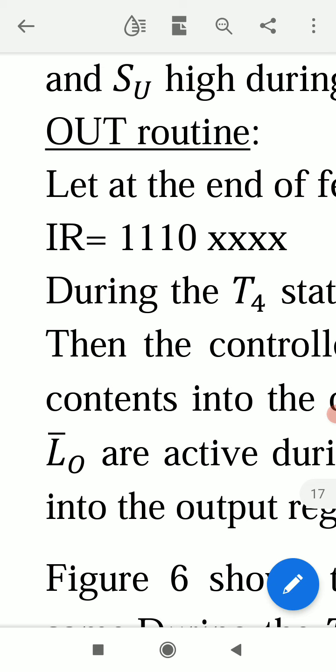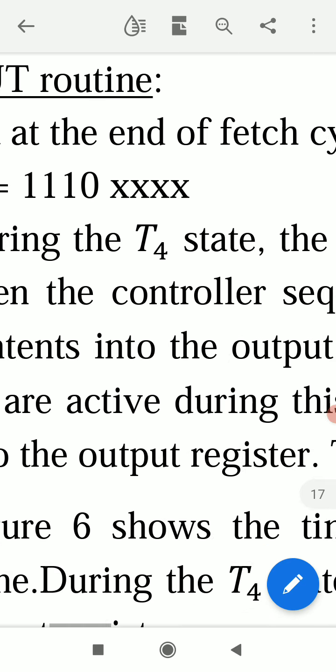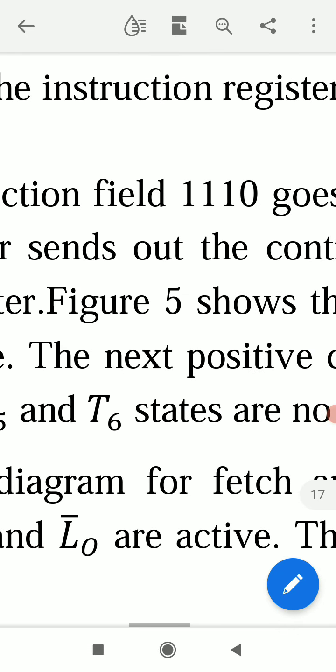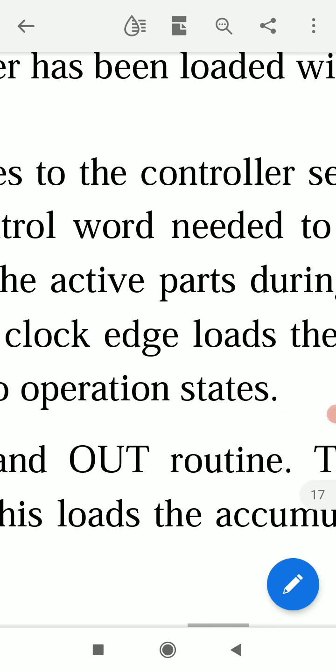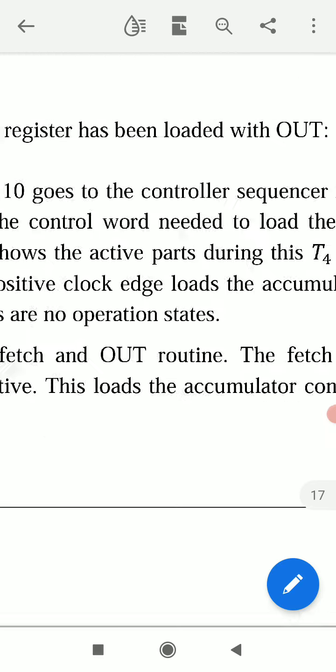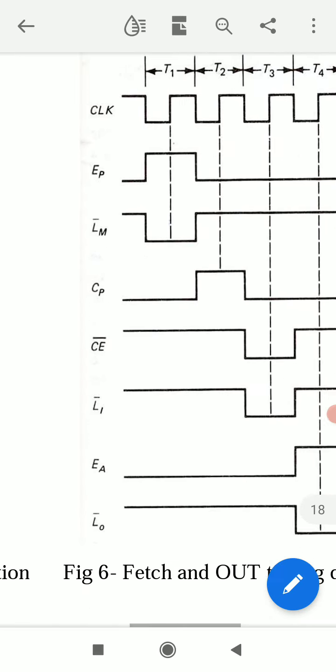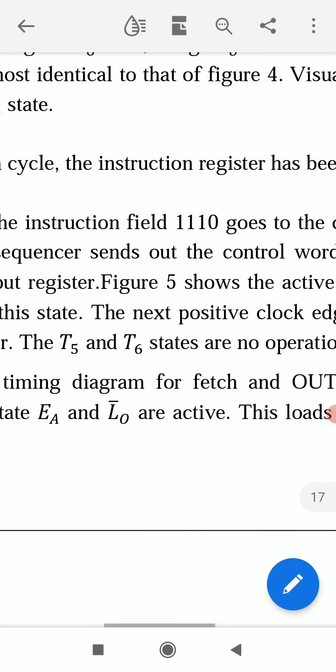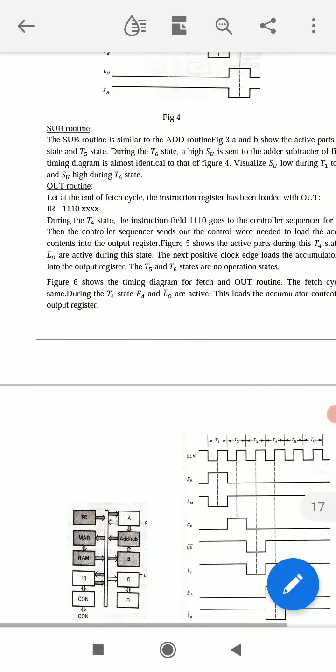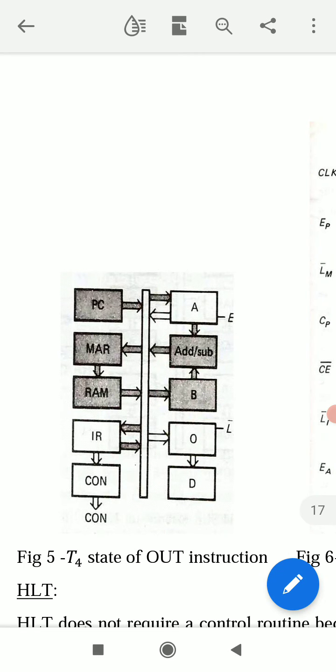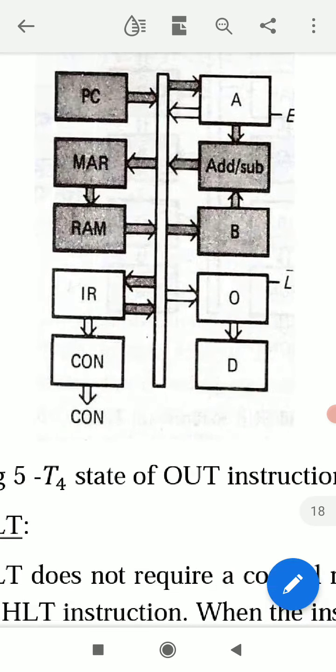So in out routine, the operation code for out instruction is 1110. During the T4 state, the instruction field 1110 goes to controller sequencer. From instruction register IR, instruction field 1110 goes to CON, controller sequencer.